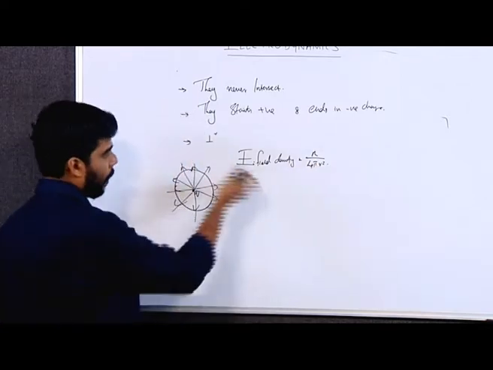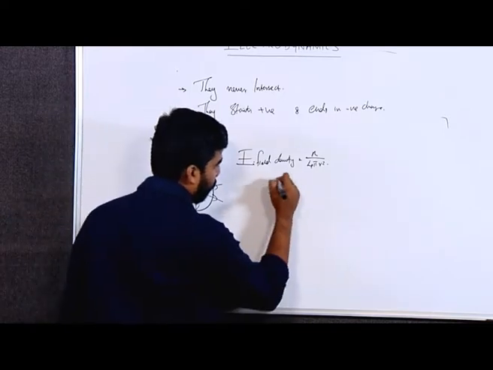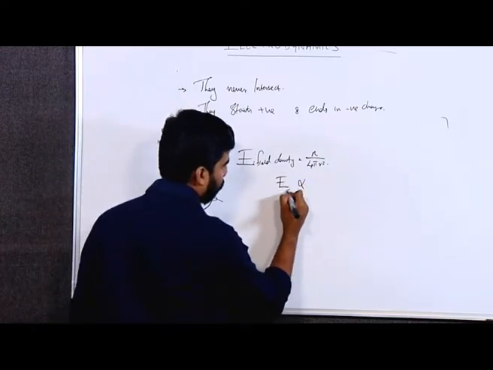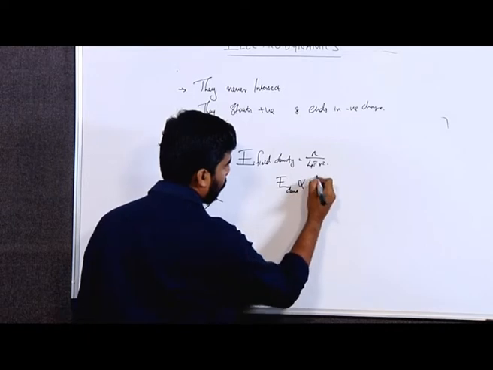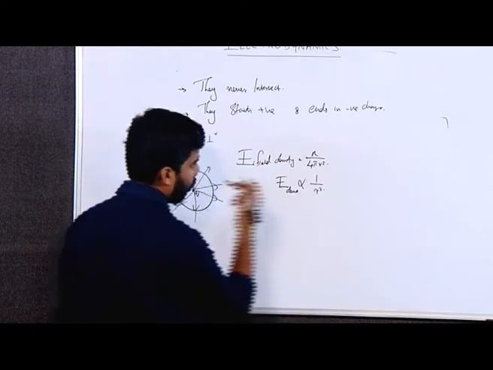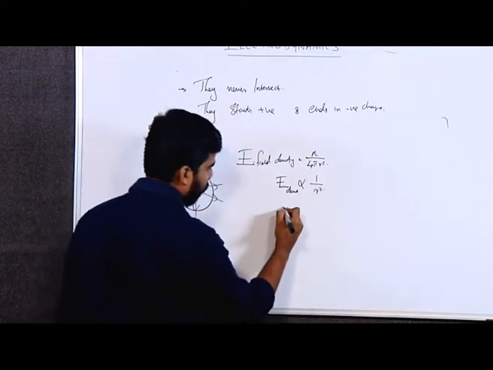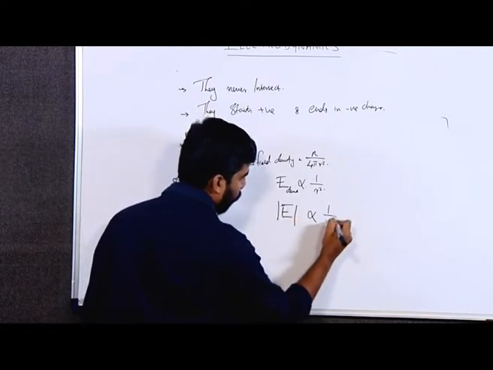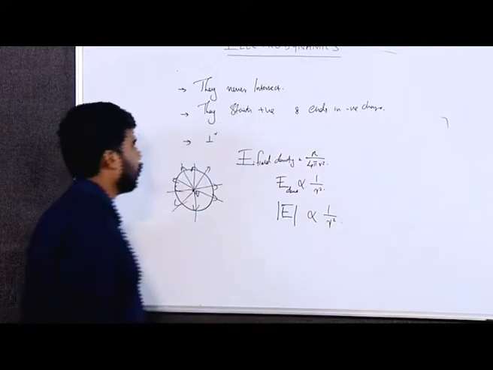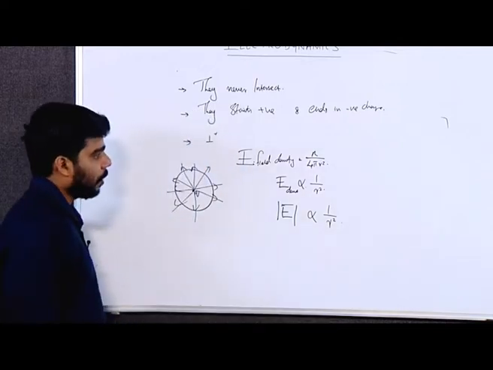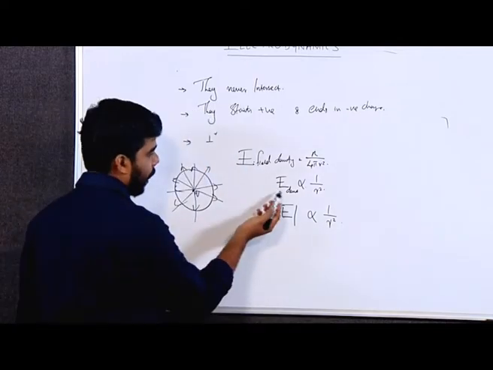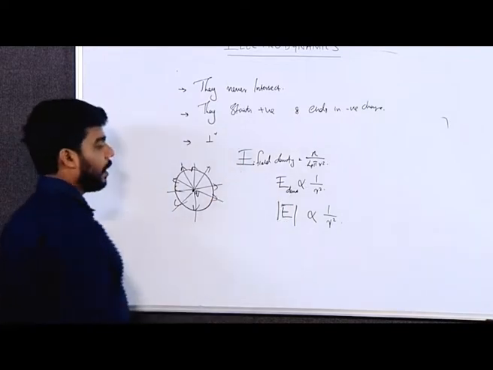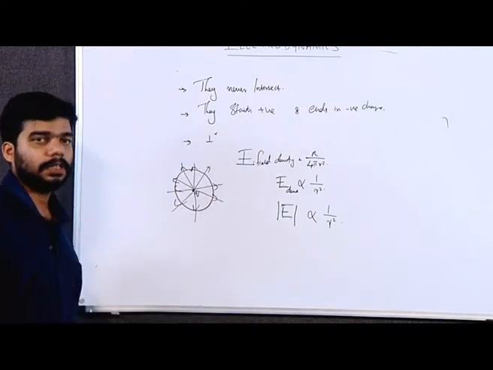So the electric field density is directly proportional to 1 by r square. Similarly, the magnitude of the electric field also has a dependence of 1 by r square. So actually, this electric field density and the magnitude of the electric field are similar.